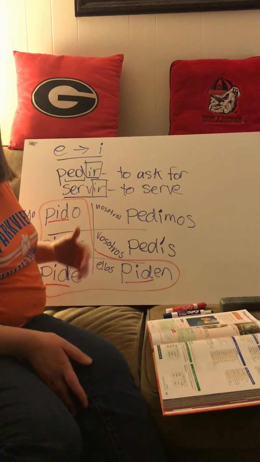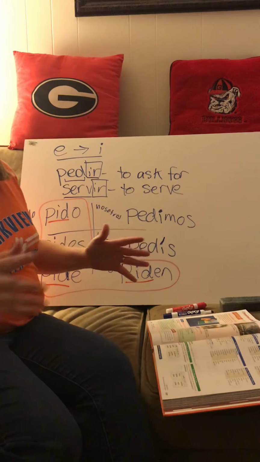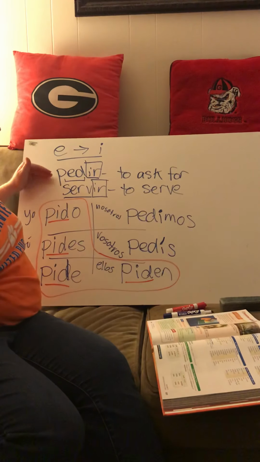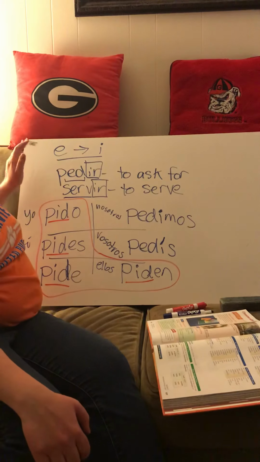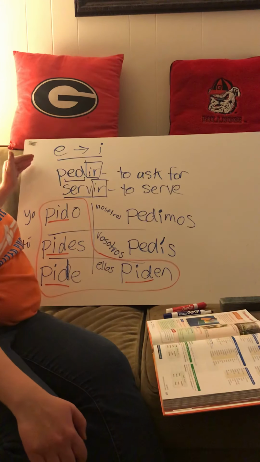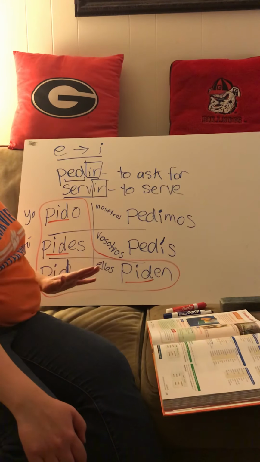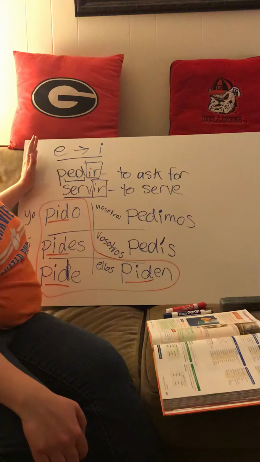So what I would do is memorize those two, because there's a whole lot more verbs that do E to IE. There's fewer that do E to I. So learn these two, pedir and servir, and right now just remember that those are the two that change E to I. We won't do any in this chapter that are E to IE. So we did E to IE last chapter, so now we're dealing only with the E to I change verbs.